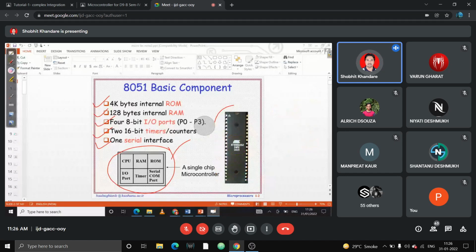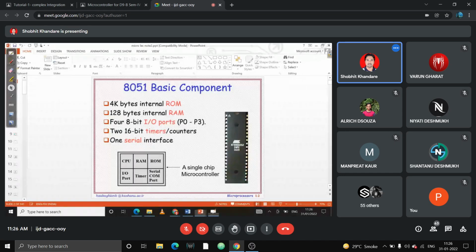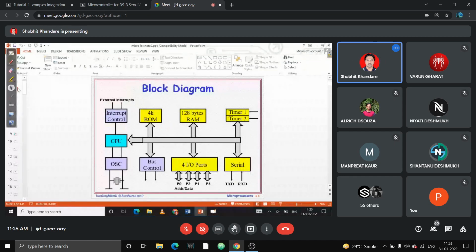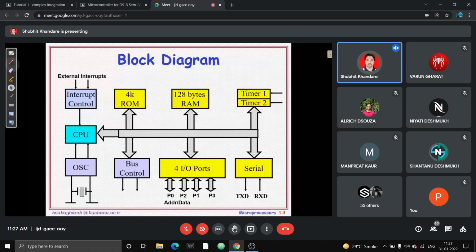So in the block diagram, just briefly let me go through it so that it will be more clear. Yes. Whenever you talk about this block diagram, you will understand that it has two timers, timer 1 and timer 2.